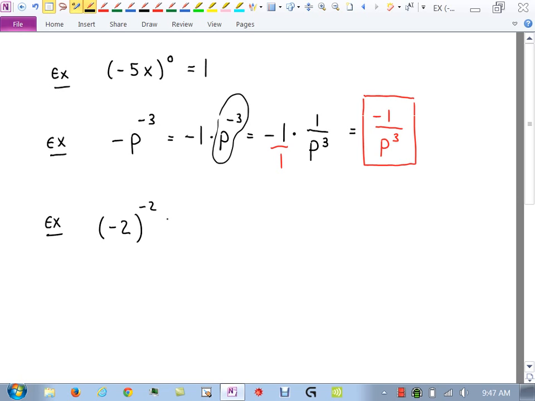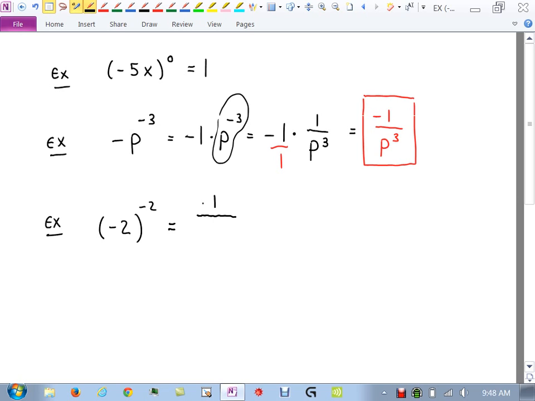Is there anything you can do inside the parentheses? Negative 2 is just negative 2, right? Now the negative 2 as the exponent, is it acting on the negative sign here? Yes, because it's in parentheses, right? Yeah? Okay, so I'm going to rewrite this. Let's try and get rid of that negative power out here. So I'm going to write 1 over, right?